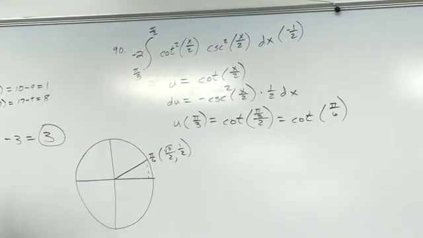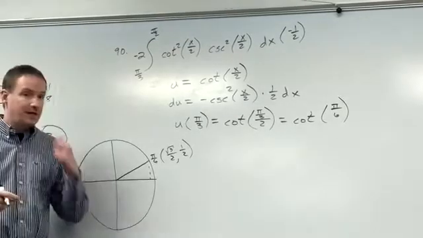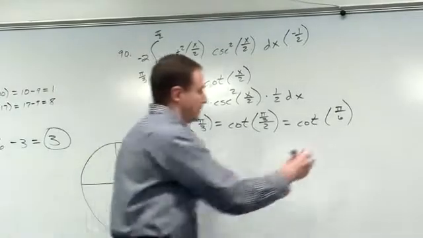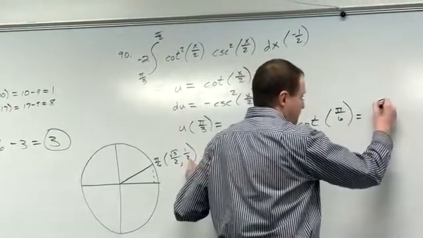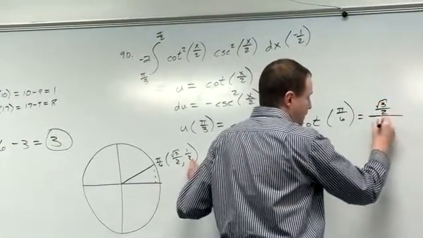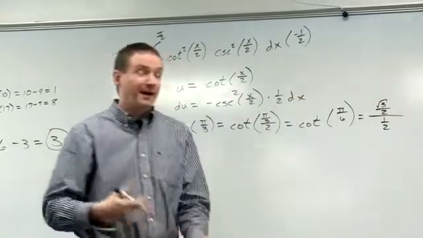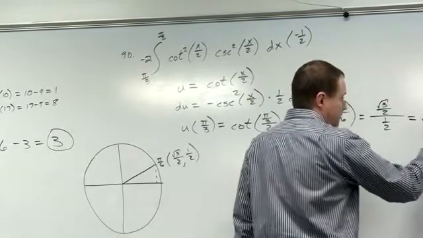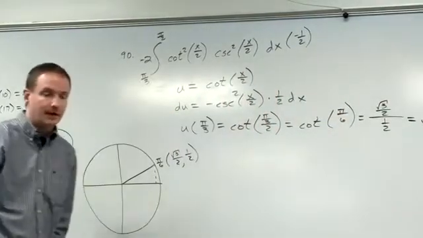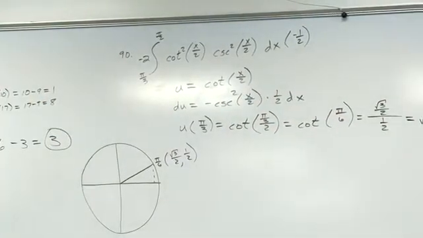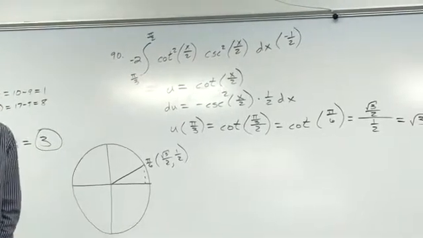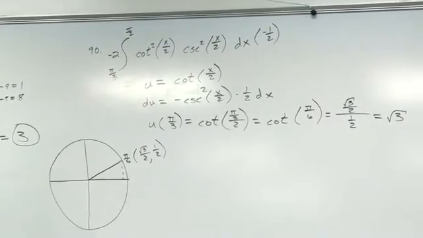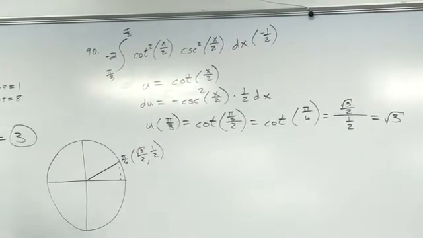So the cotangent of pi over 6 is the square root of 3 over 2 over 1/2. When I divide by 1/2, I'm multiplying by 2. The cotangent of pi over 6 is just the root of 3. Okay. Now, what I would say in a problem like this is exact answers only, to avoid someone just saying, well, I can type that into my calculator. No, that would be cheap. I want you to get an exact answer.